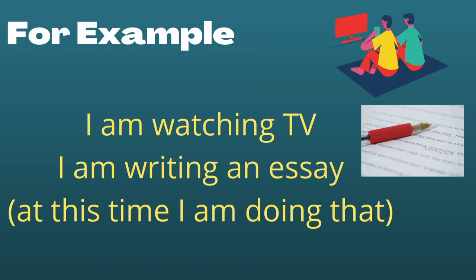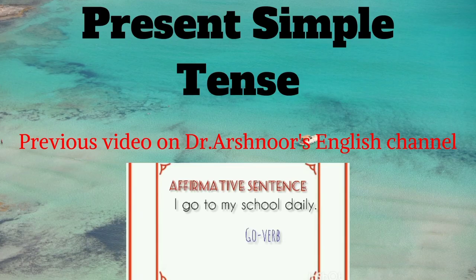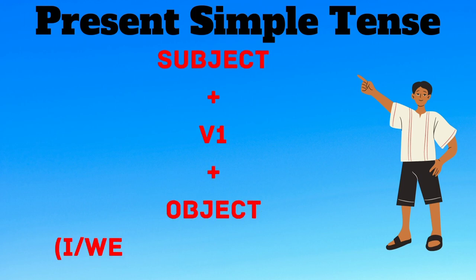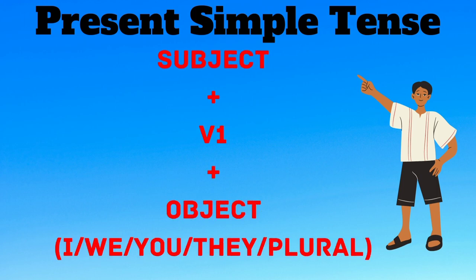Let's move forward and see how to use these. Present simple tense, in my previous videos I have already explained it thoroughly. You can check the playlist and see it. Otherwise, in this video I'm going to explain once again.